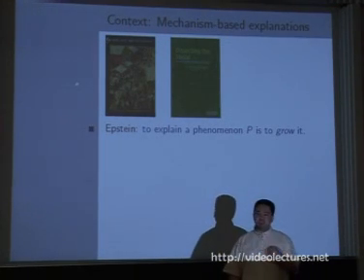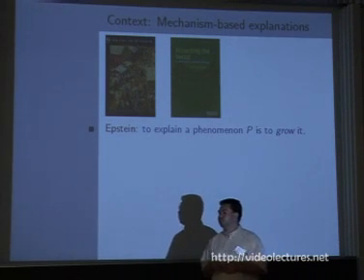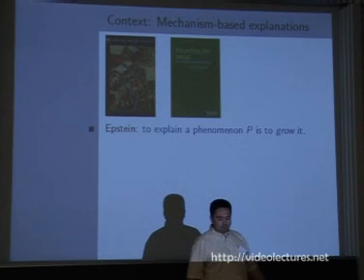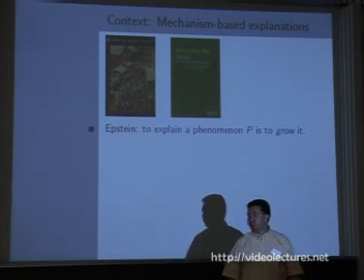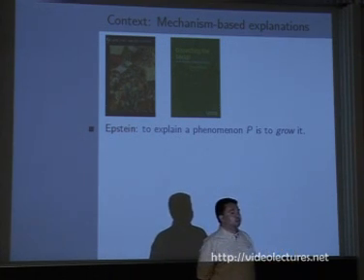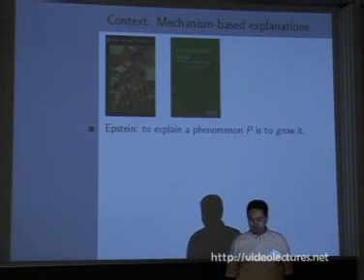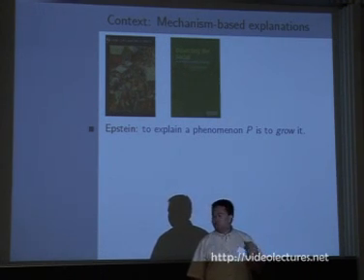And the interest in this type of approach for me came in the context of looking at mechanism-based explanations, both in agent-based social simulation and more generally in analytical social sciences. These types of explanations have received some attention lately. In particular, Josh Epstein has put forward a generative approach to social sciences to explain a phenomenon, in his words, to grow it.